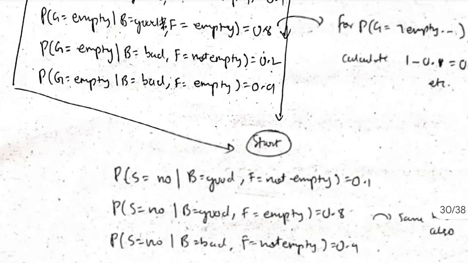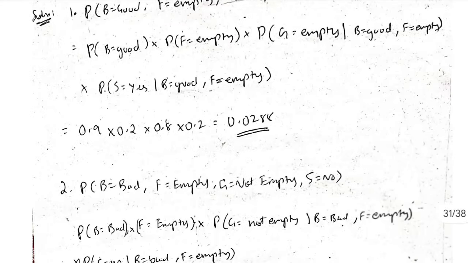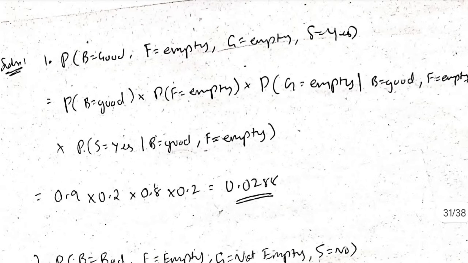So start and gauge both are dependent upon these two. So we cannot just write the gauge empty answer. Gauge empty based on these two we have to write, and those two values are given, good and empty. So this is the value which I consider, 0.8. That's why I've written 0.8 here. The third value is 0.8.